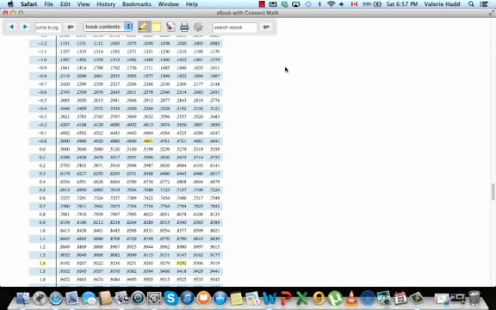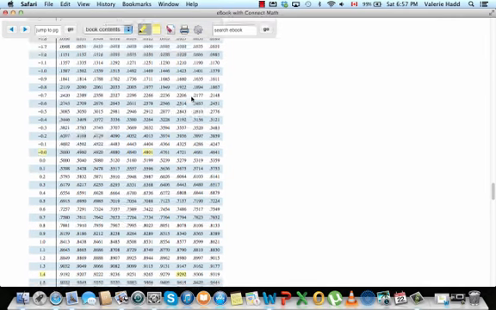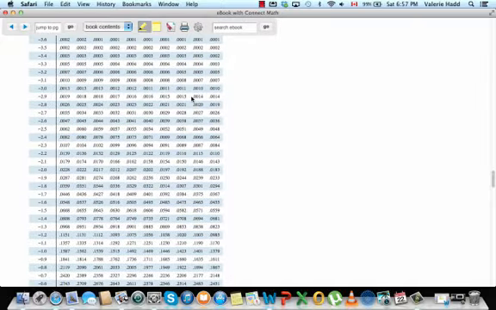Okay, so to answer the question of which z-score corresponds to an area of 0.48, I looked in the table and I tried to find the area that is as close as possible to the area that I'm investigating. And here I find 0.48, okay? This corresponds to a z-score of minus 0.0, and in order to find the decimal, I scroll up, okay?